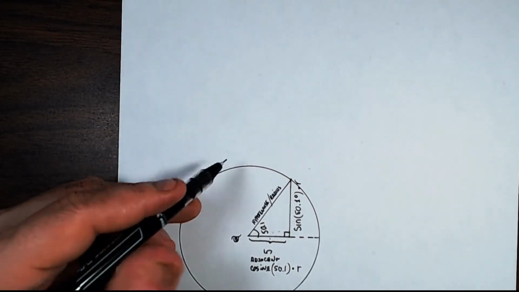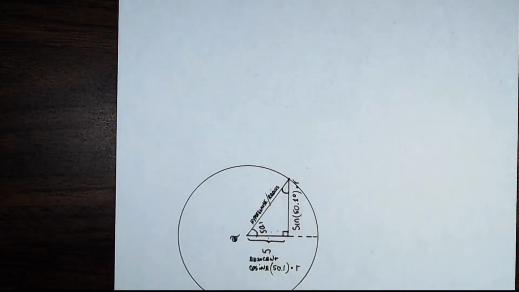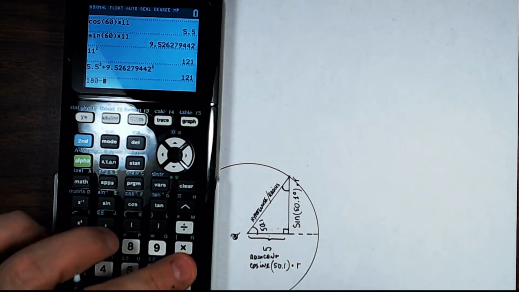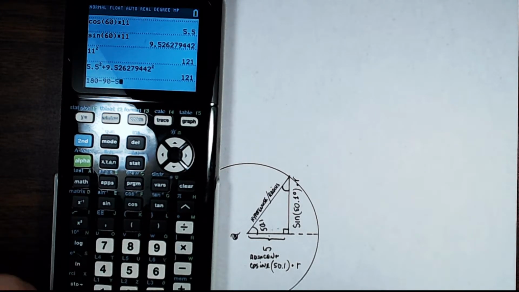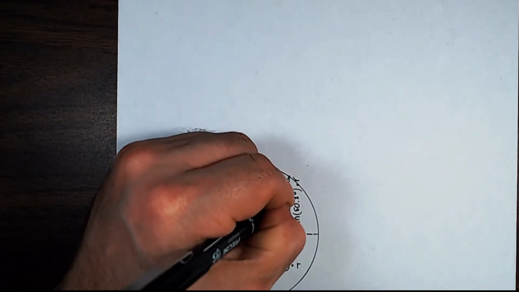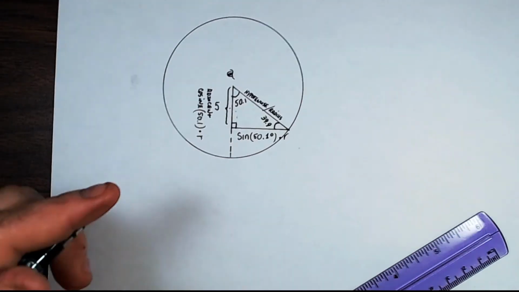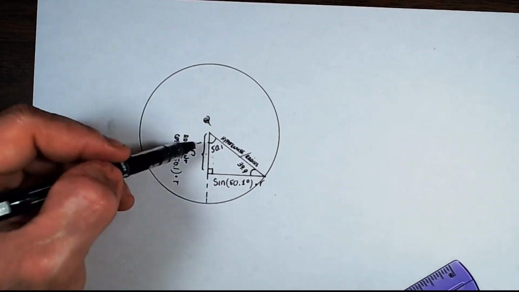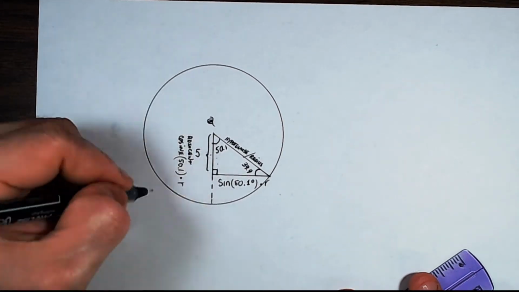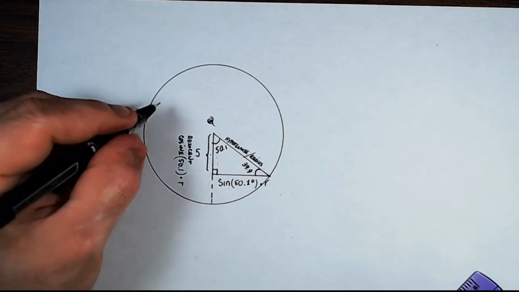Okay, we already know this angle. We could find it by subtracting 180 minus 90 minus 50.1. That's 39.9. Okay, but we need to find these values. Here's how our triangle is presented on the page. Remember that if I want to find this value here, I am given the adjacent side length.